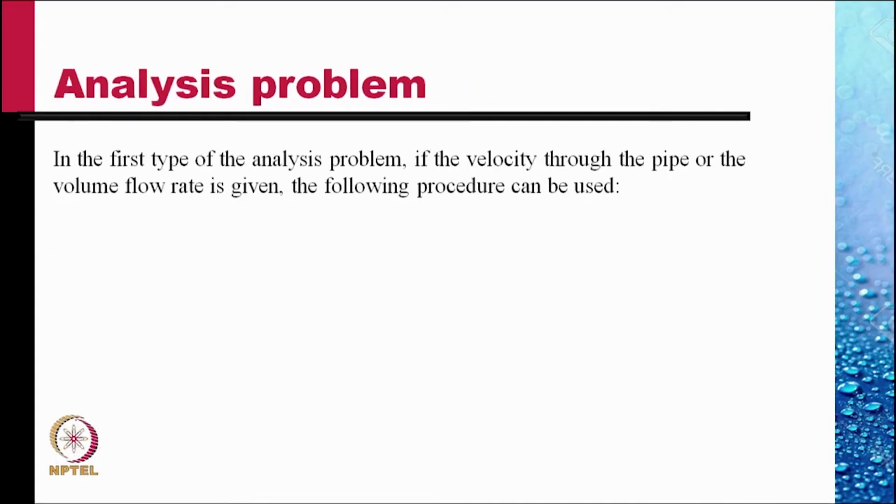There are two kinds of analysis problems. In the first type of analysis problem, the velocity or the flow rate through the pipe is given and we have to find out the pressure difference.